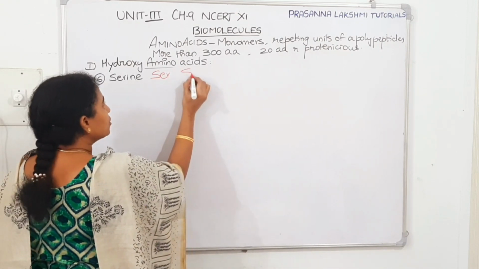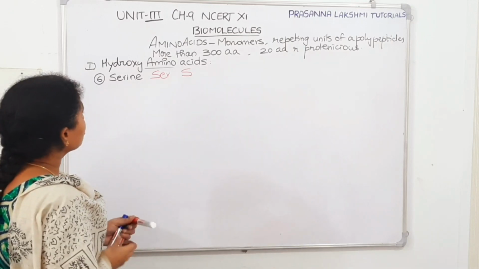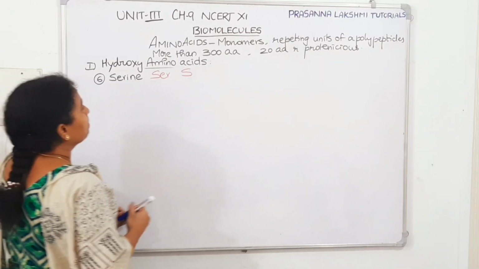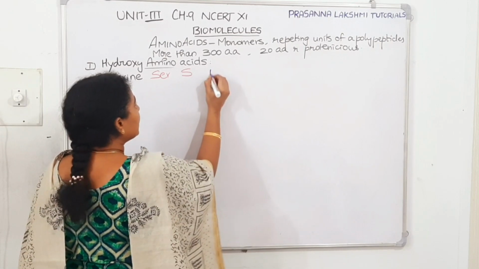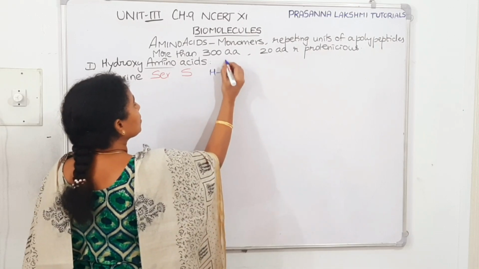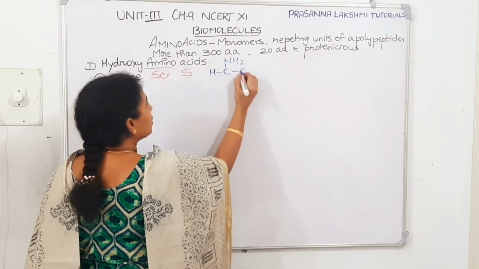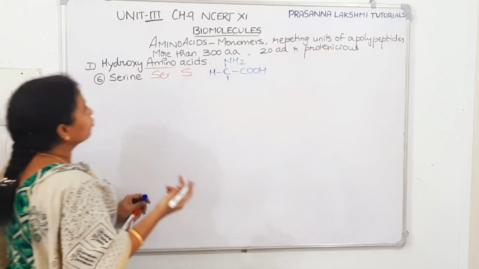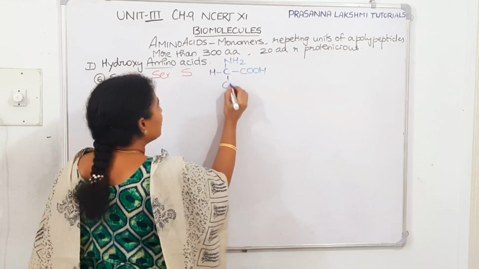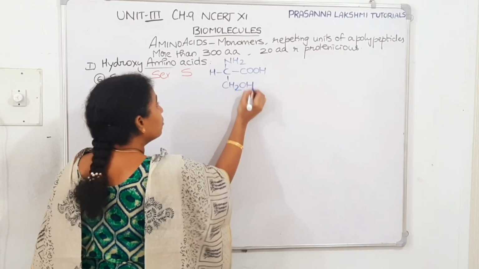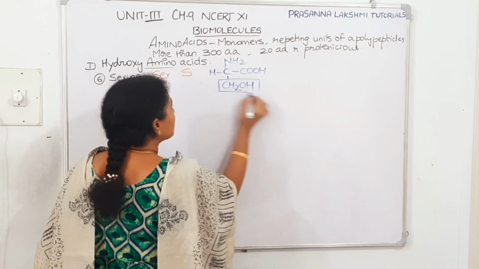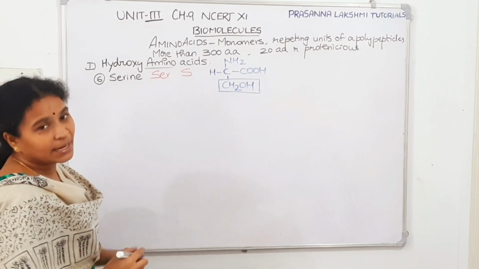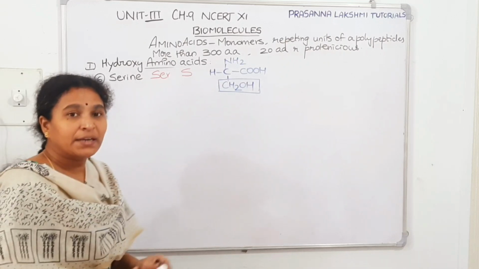Single letter representation will be S. And the structure of serine will be, so if you remember alanine, it is H, amino group, carboxylic group, and here we need to write the R group. The R group for serine will be CH2OH. If the R group is CH2OH, then that is called serine, right? An OH group containing amino acid.